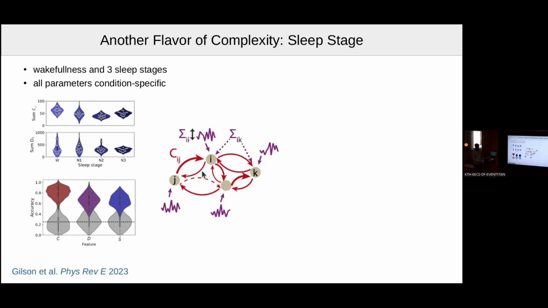So if the change across the stages is not in global properties of these matrices, like what one could expect, that for awake you've got much stronger connectivity and for deep sleep that would be quite low, but that's not really what we see.